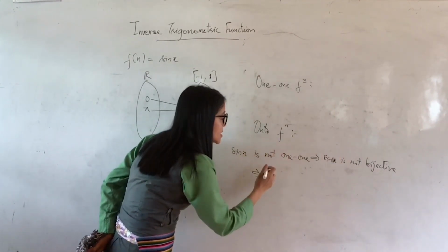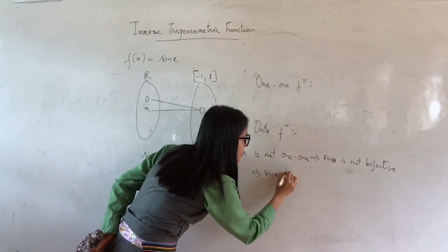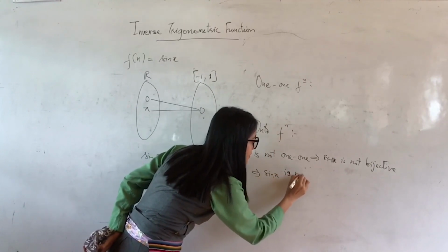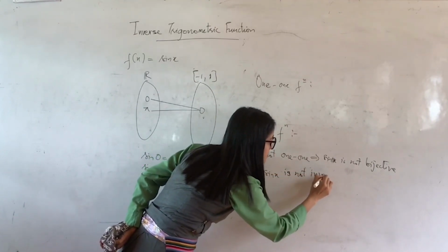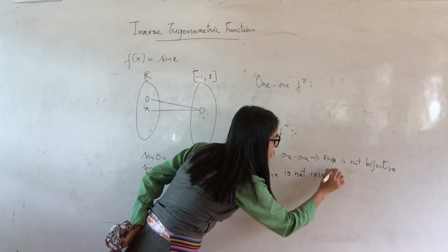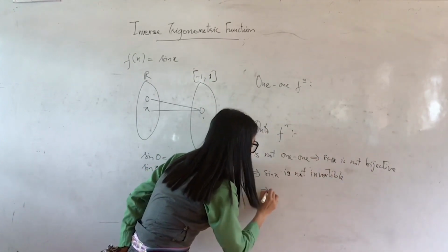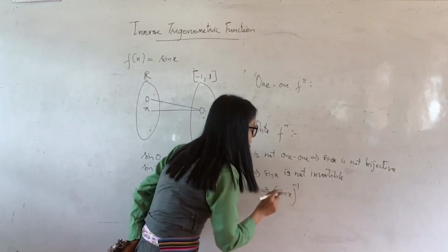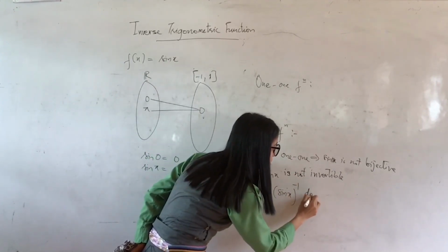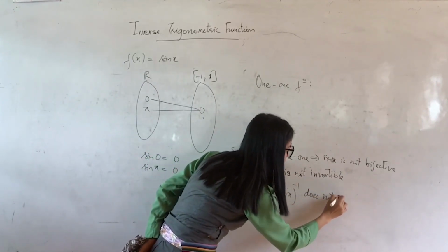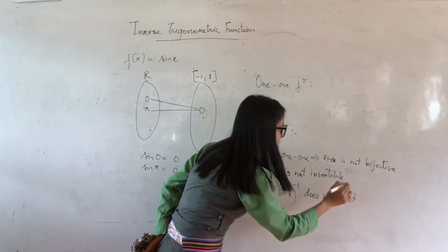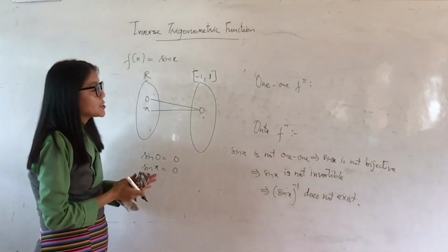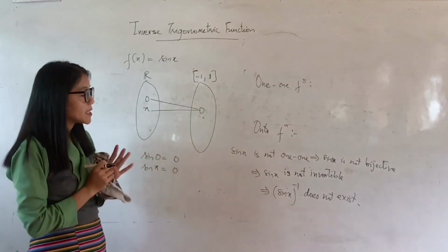If sine is not bijective, then sine is not invertible. And this shows inverse of sine x does not exist.